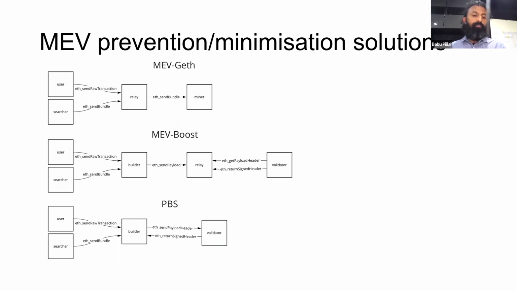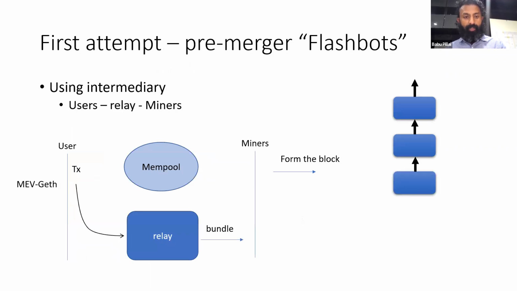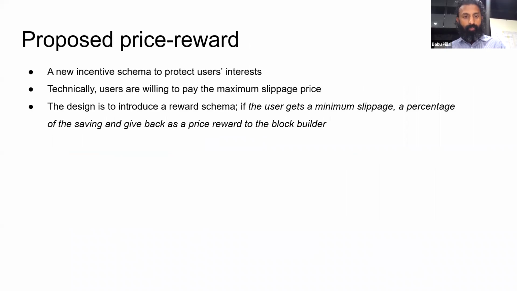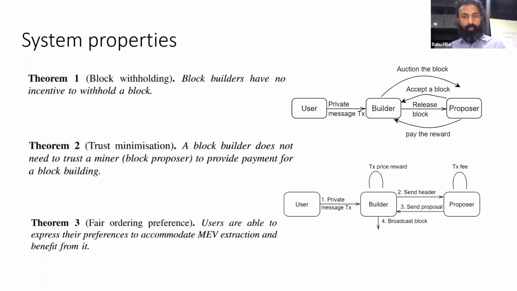There may be a scheme where the validator can pay back, but what I'm proposing is this. The builder will put together the block, and the builder can see all the MEVs in there, and he will put together the block in such a way that the user is going to save MEV.